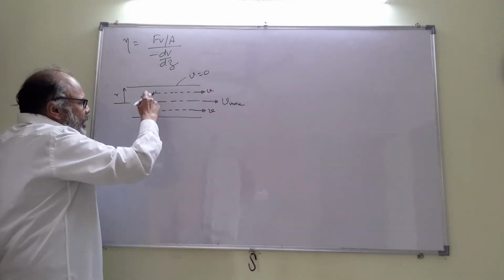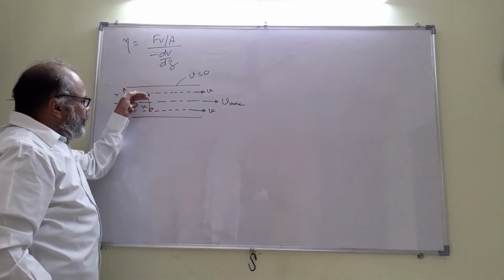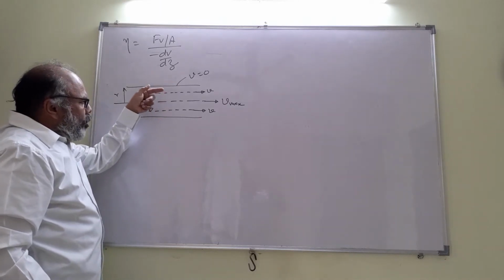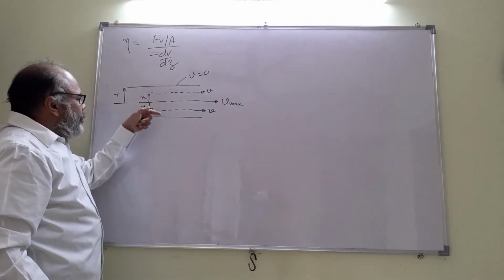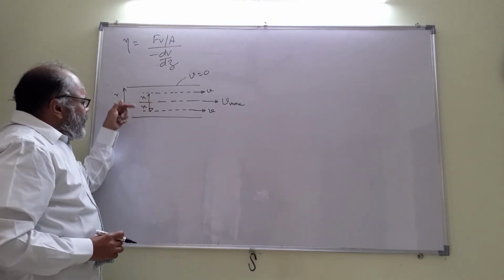V is a function of x. The velocity v would be a function of x, and it is going to be the same all along the periphery of the cylinder of radius x.